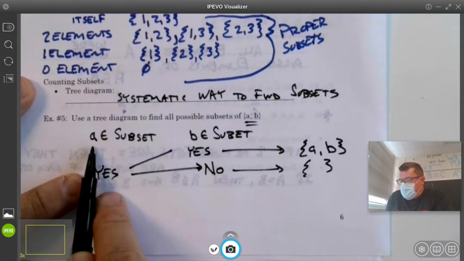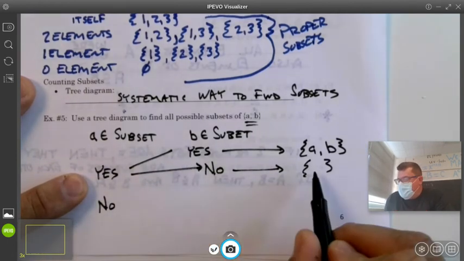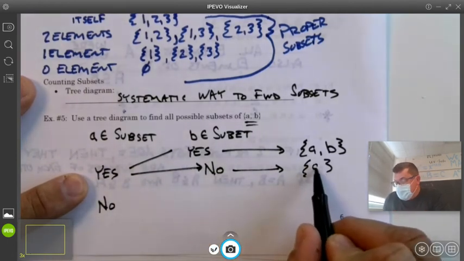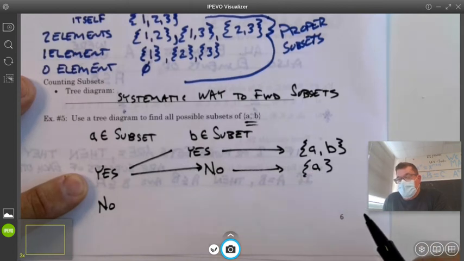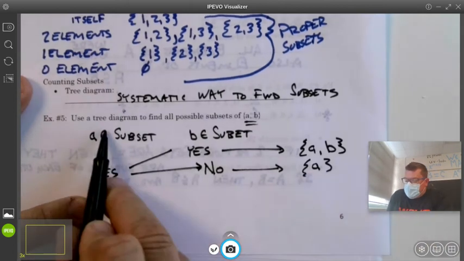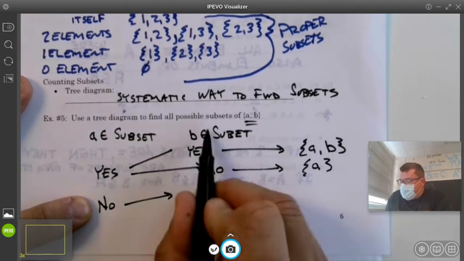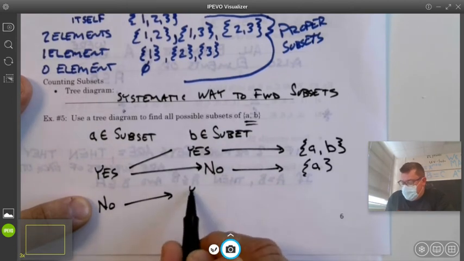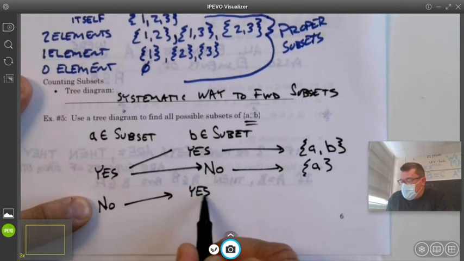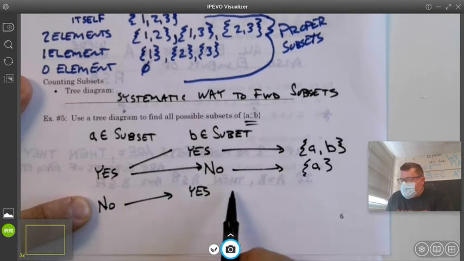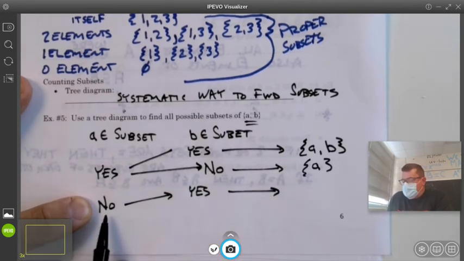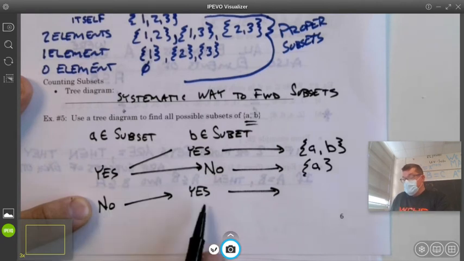Yes for A, no for B would be the subset containing A. We could say no to A being in there and yes to B being in there. What subset would we build that doesn't have A but does have B?